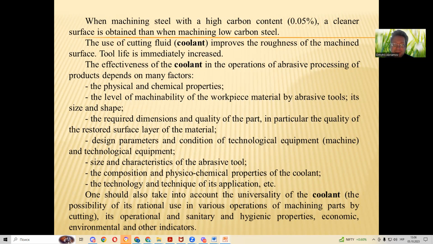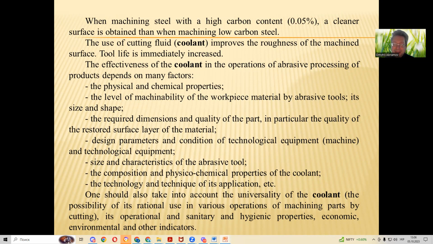Tool life is also increased. The effectiveness of the coolant in the operations of abrasive processing of products depends on many factors.